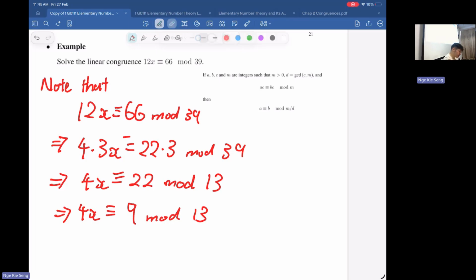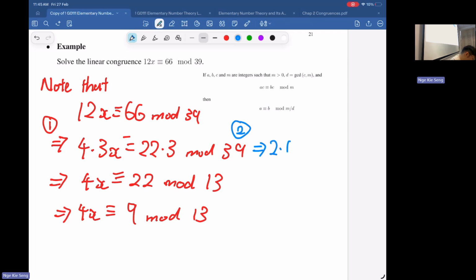Okay, so either you can go this way or you go the other way. Instead of taking 3, can we take 6? Oh, I think you can. So let's try. This is one way. The second way, there are a lot of ways, and they should get the same answer.